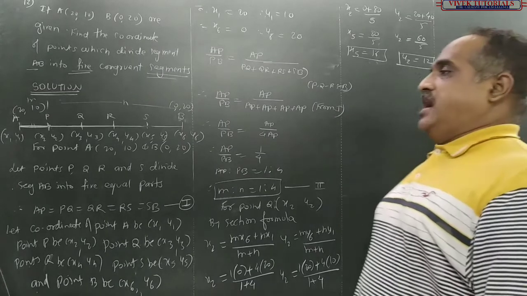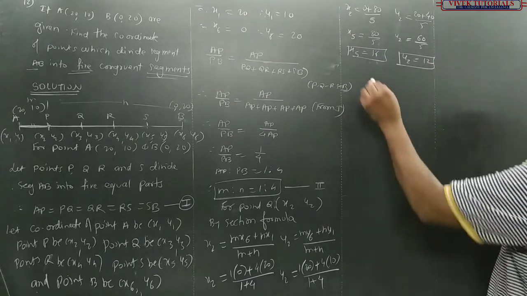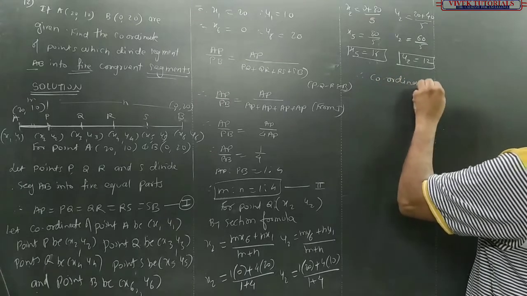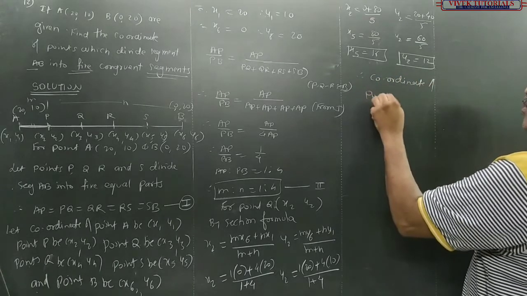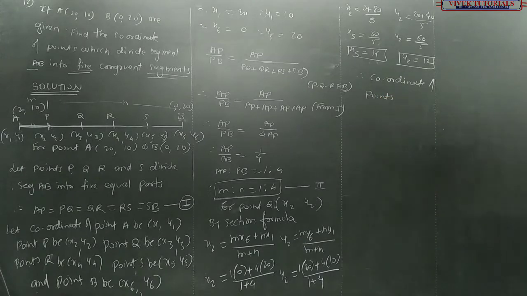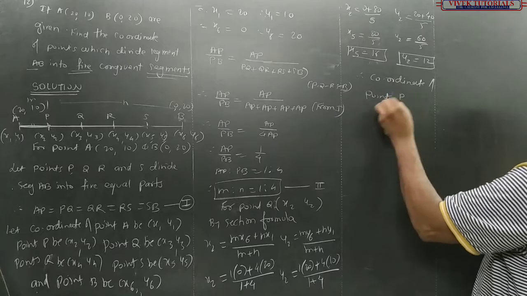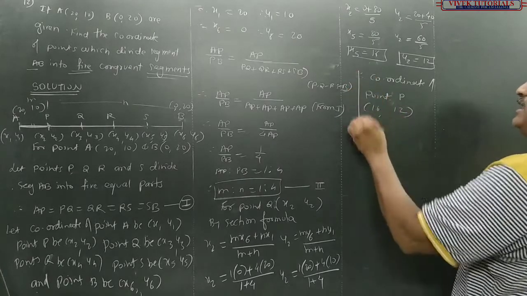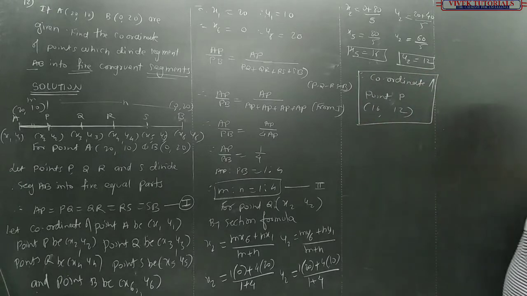So therefore what can I write then? The coordinate of point P is 16 and 12. You are going to put this in a box. We got the value of what?